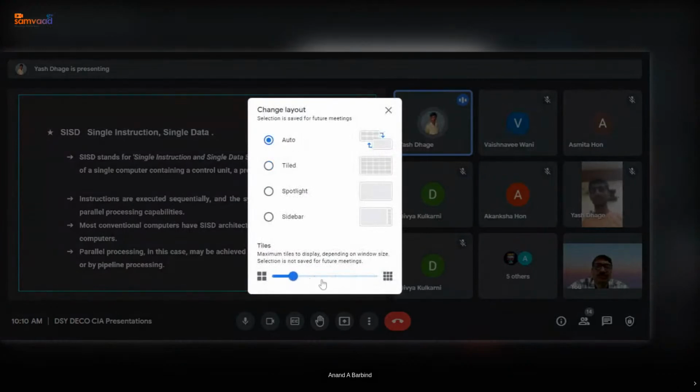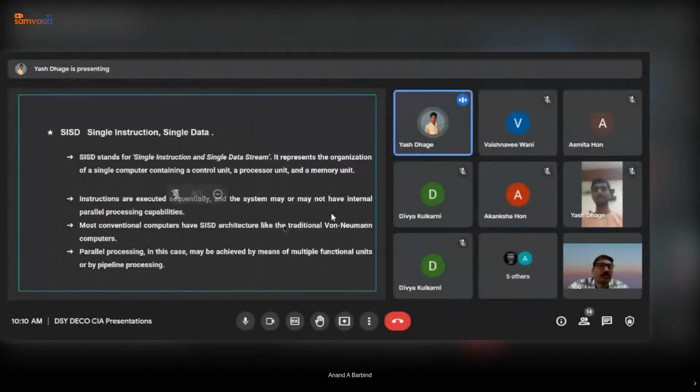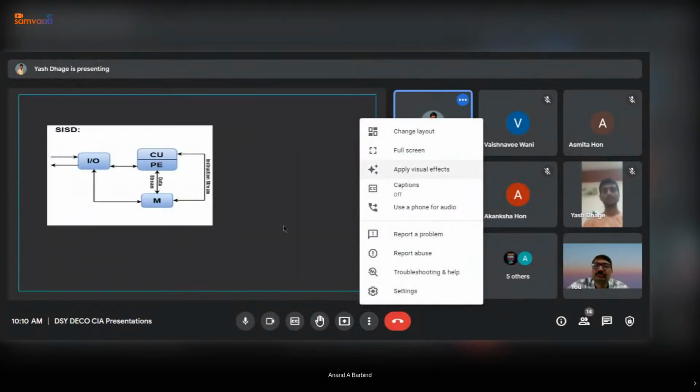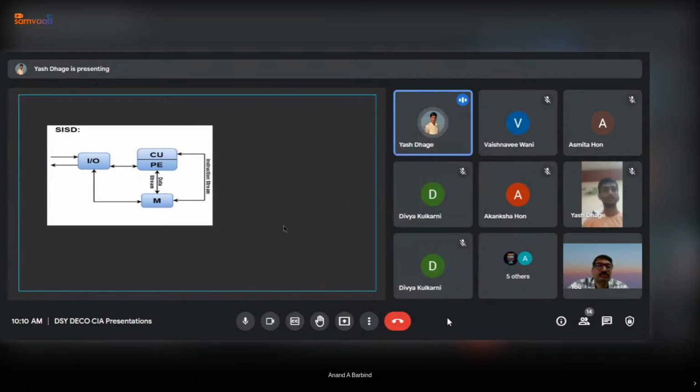Parallel processing in this case may be achieved by means of multiple functional units or pipeline processing. So actually we see the processing of single instruction and single data.